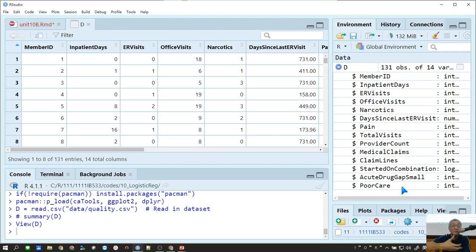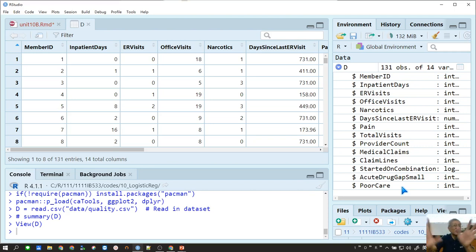Maybe I have like 2 million in the United States. Some insurance companies may have millions of diabetic patients. So if I can have a model to predict the quality of care of all of my diabetic patients, maybe I can set up a strategy so I can intervene for those who do not have good care.